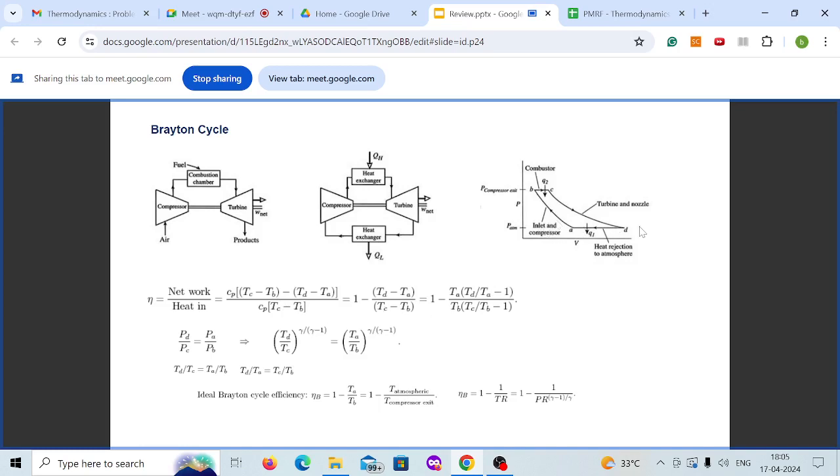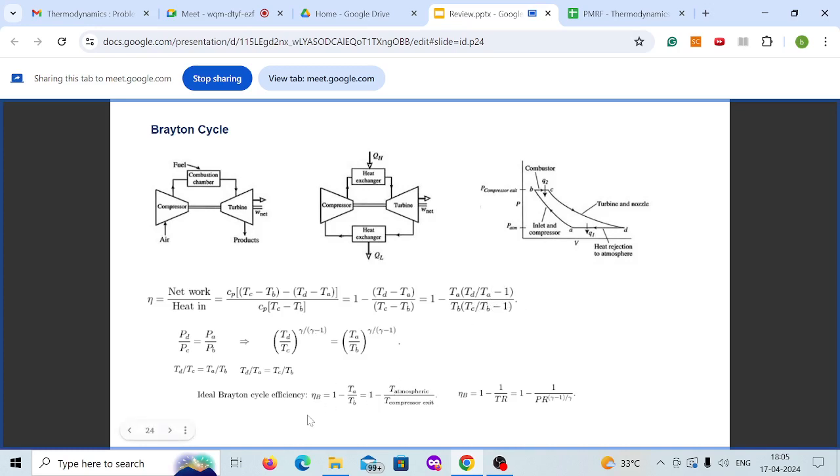From this you can write it in terms of the pressure ratio or the temperature ratio. Since Td by Ta equals Tc by Tb, because in isentropic expansion and compression the pressure ratios are the same, you can cancel out the bracket terms.